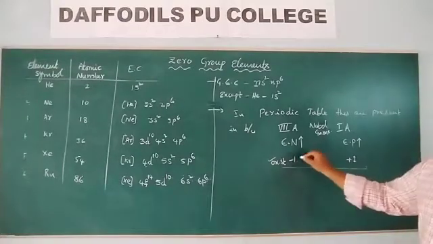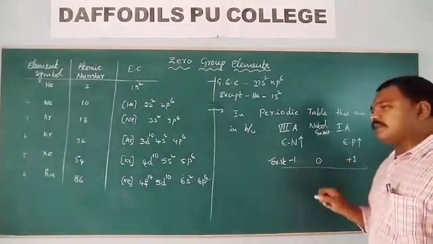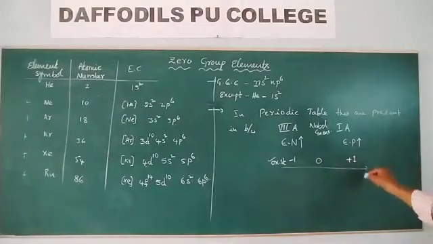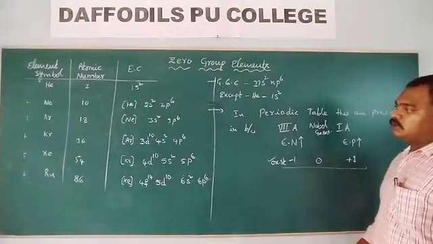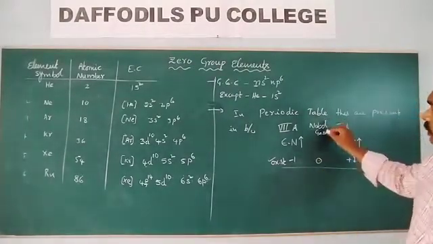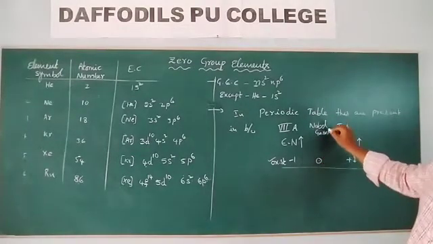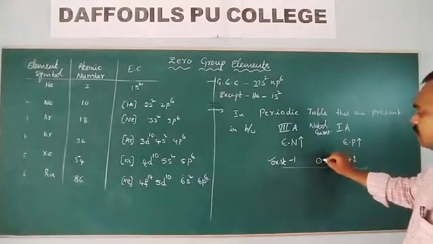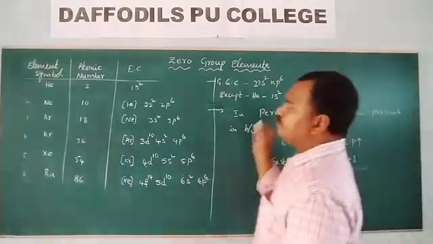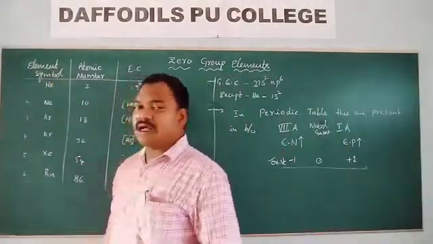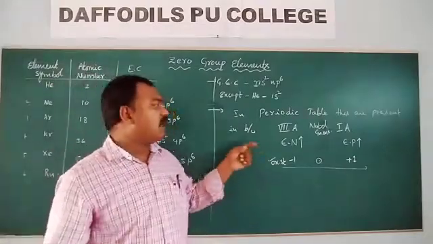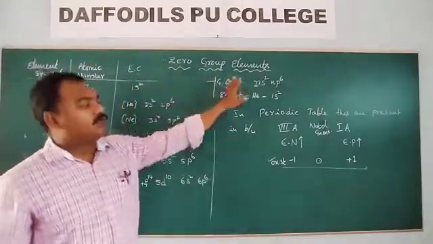First the oxidation state is -1, then it becomes 0, after that it becomes +1. So what is the oxidation state of zero group noble gases? It is 0. Hence these noble gases are also known as zero group elements.